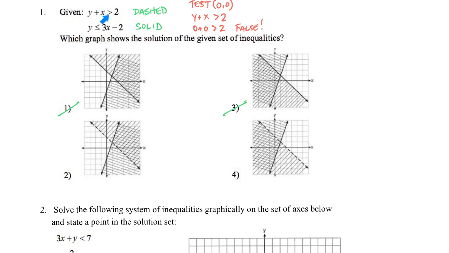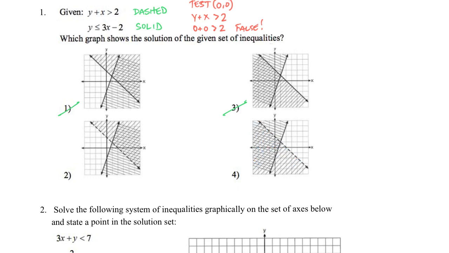That tells us that for the dotted line, we should not be shading towards 0, 0. So if you look at this one, there's the dotted line, there's 0, 0. This one is shaded away from 0, 0. In this one, there's the dotted line, there's 0, 0.